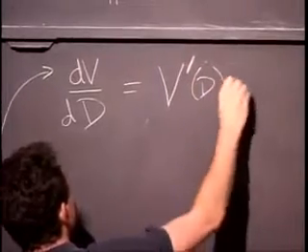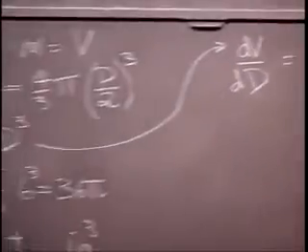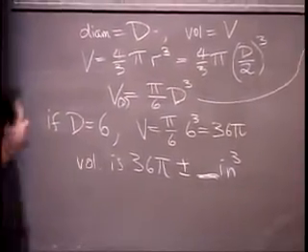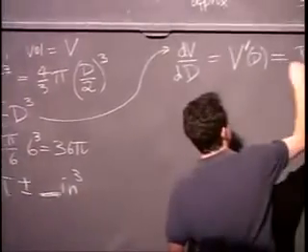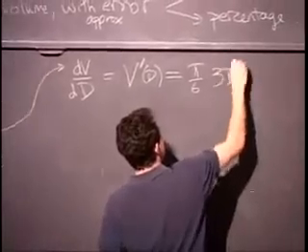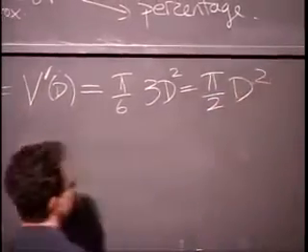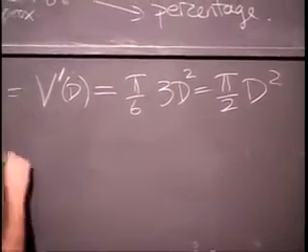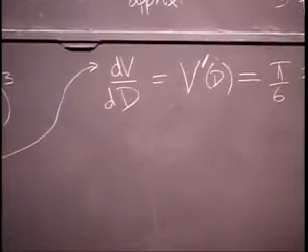So from there, I'm going to find dV/dD, which for sanity's sake, I'm going to just write V prime of D. Think of this as, if you like, V of D. Maybe those aren't such great initials to use. Anyway, V prime of D is pi over 6 times 3D squared, which is pi over 2 D squared. So, when D equals 6, well, how do I even know that? Let's write down the equation here.